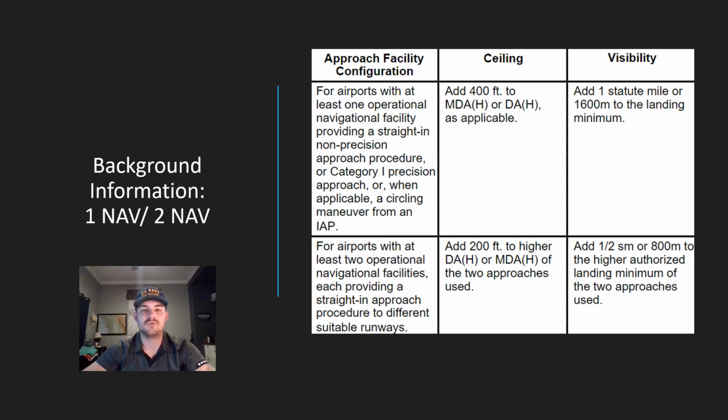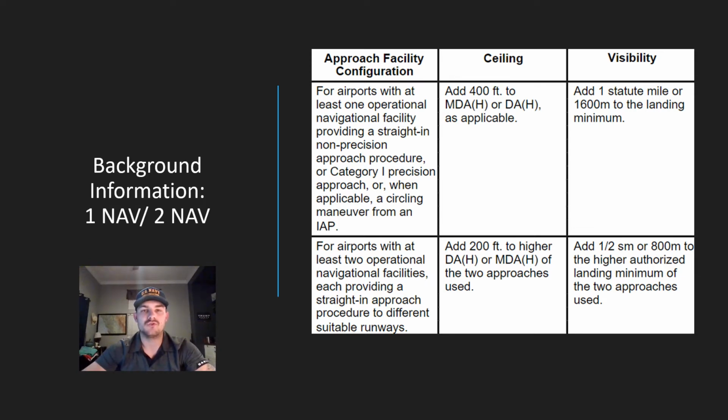The table explains two ways in which the alternate airport weather minimums can be determined. The first method, referred to as 1NAV, explains that for airports with at least one approach, we should add 400 feet to the minimum descent altitude or decision altitude, and 1 statute mile to the minimum visibility for the approach with the lowest minimums.